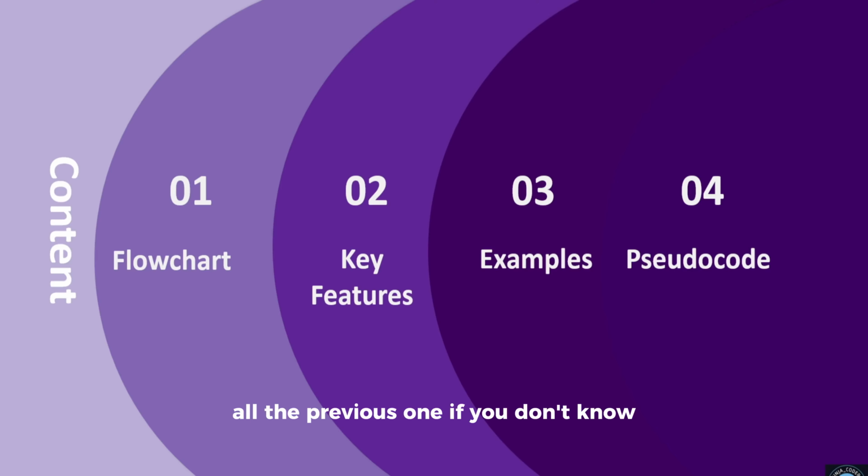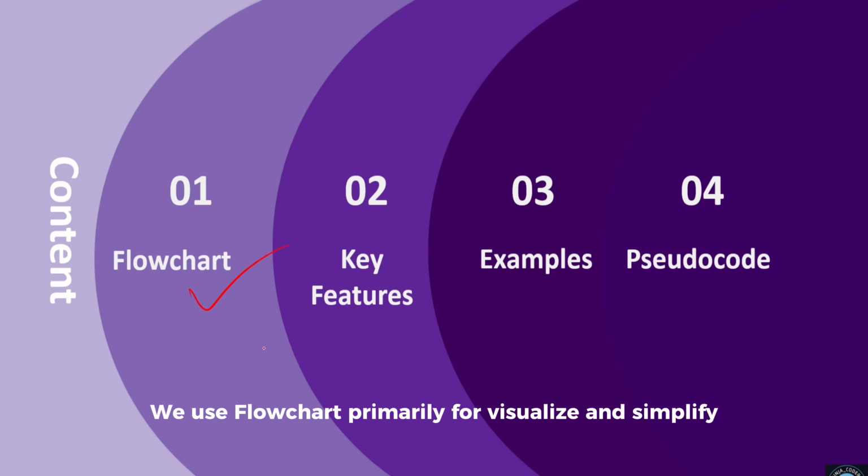If you haven't seen the previous lecture, make sure you watch it, so you can better understand the flowchart and correlate both lectures. We use flowcharts primarily to visualize and simplify complex processes, as I told you.